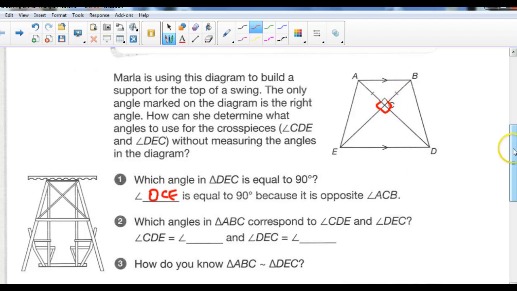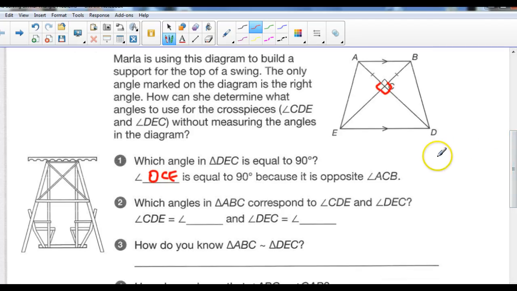Number 2. Which angles in triangle ABC correspond to CDE and DEC? Well, angle CDE corresponds to angle CAB.